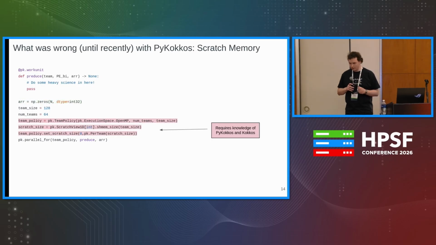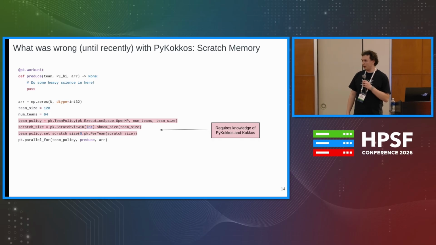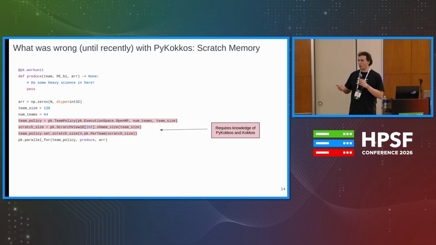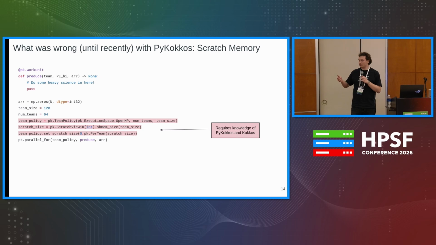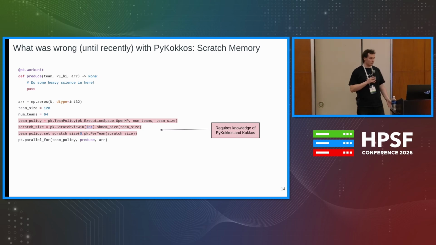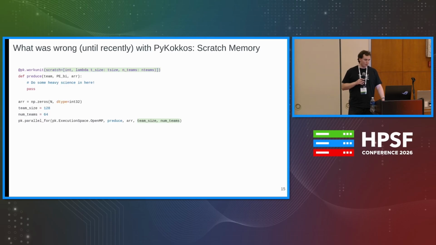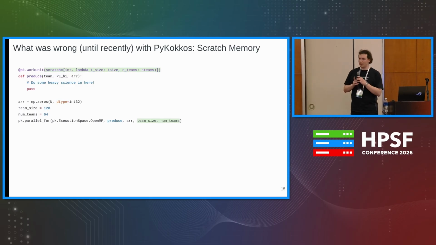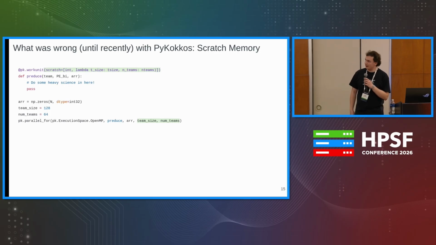And the third part is also related to Kokkos and to the fact that in the beginning of our way, we tried to hack something. We tried to just borrow some instructions from Kokkos. So we had to write 3 lines just to define a scratch size. It might be correct, but why do we need this when we can use a Pythonic way? And that's where Python decorator arguments came into place.